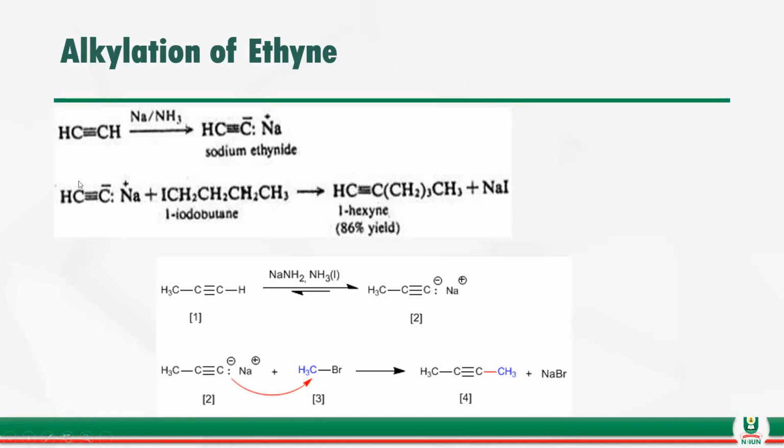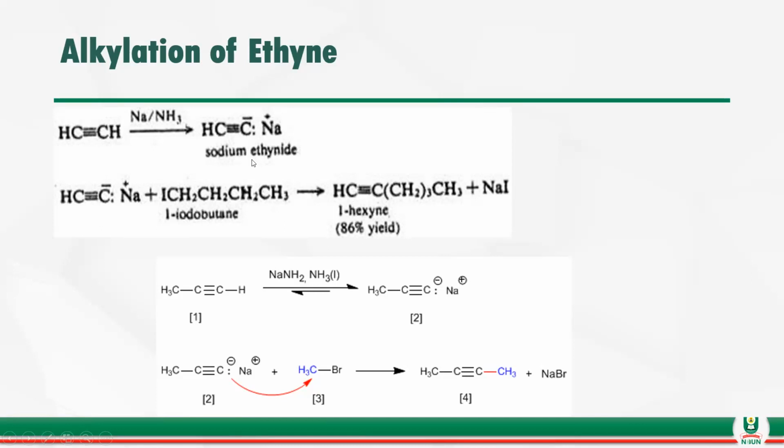So this is our ethyne reacting with sodium in ammonia. And then when it reacts with sodium in ammonia, the first thing that forms is sodium ethanide, which is a salt, okay? You can see the C here is having a negative charge, while the sodium is having a positive charge.